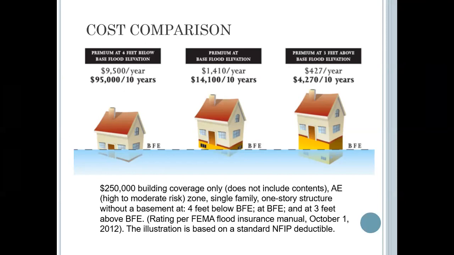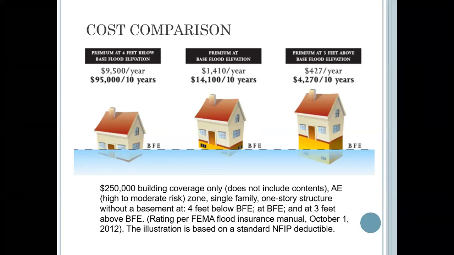Of course, these rates are several years old, but it just gives you an idea of how we do rates. And then on the last one is where we've increased the lowest floor to 3 feet above base flood. It then becomes very affordable.